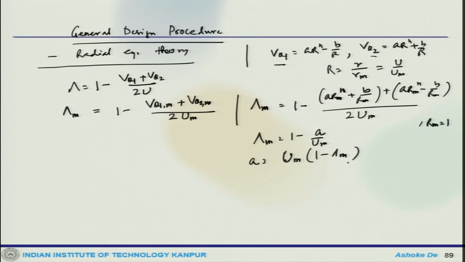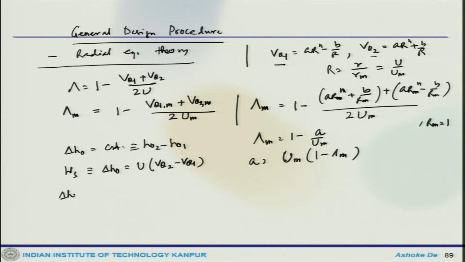The constant B will be calculated for the condition of constant specific work, which is delta H naught, which is constant, that is H naught 2 minus H naught 1. So, Ws is delta H naught, which is U times V theta 2 minus V theta 1.